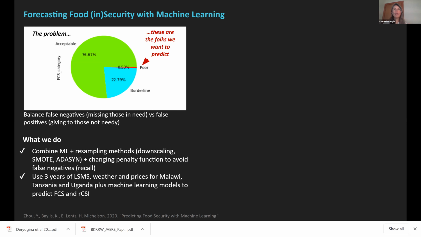So what we do is use some methods from machine learning with tricks to balance the sample a little bit more, through either upscaling or creating simulated data that are similar to our households that are severely food insecure.